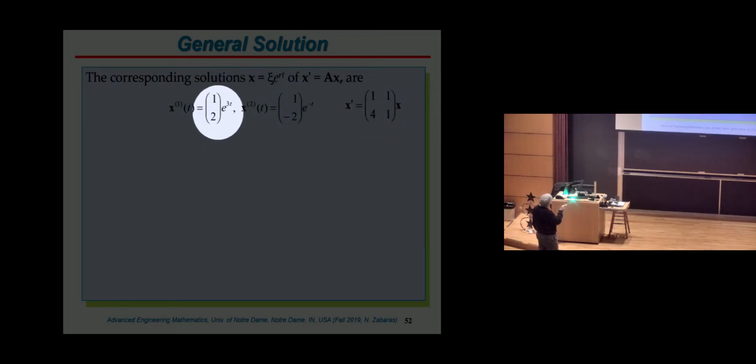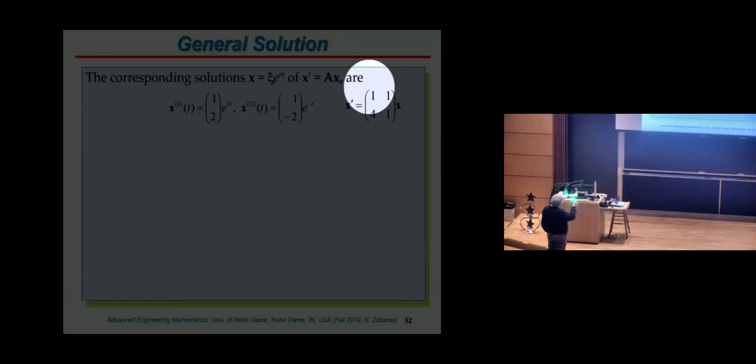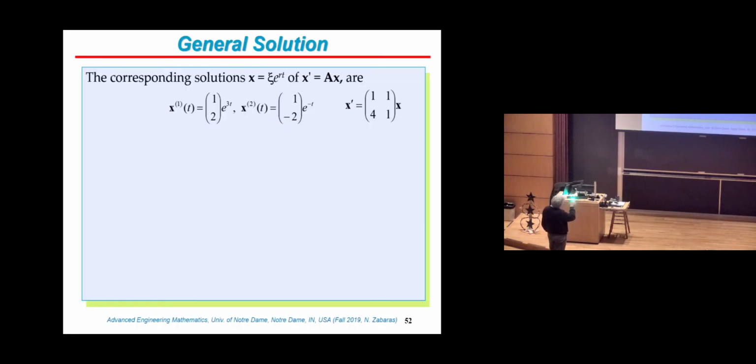And then I claim that the two characteristic solutions are these that you see here. So what are the two eigenvalues of this matrix? R equal to 3 and R equal to -1. And the corresponding eigenvectors are (1, 2) and (1, -2), okay?